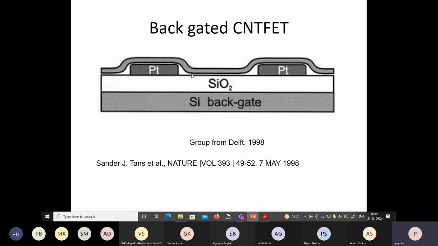This is not a conventional FET, because in a conventional FET you form a channel, but the channel is there, and you can apply appropriate voltage from the gate side and between source and drain to achieve conduction through this channel. There can be a single carbon nanotube or a bunch of nanotubes depending on how you are making it. This is the simplest way of realizing a CNT based FET.